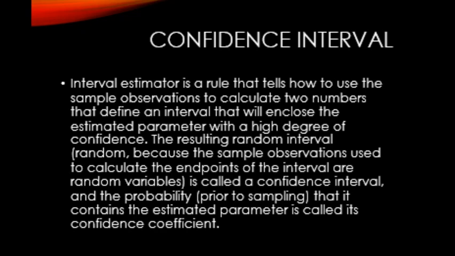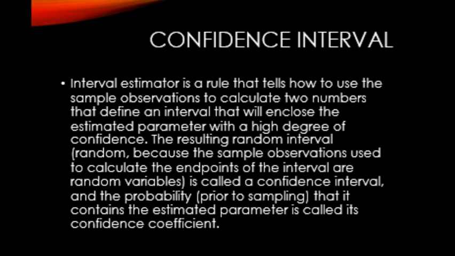The resulting interval that we create with this high value of confidence is called a confidence interval. The degree of confidence that we use for that interval is called the confidence coefficient. Typically we will decide this number before creating the confidence interval, and typical numbers are in the 90s.